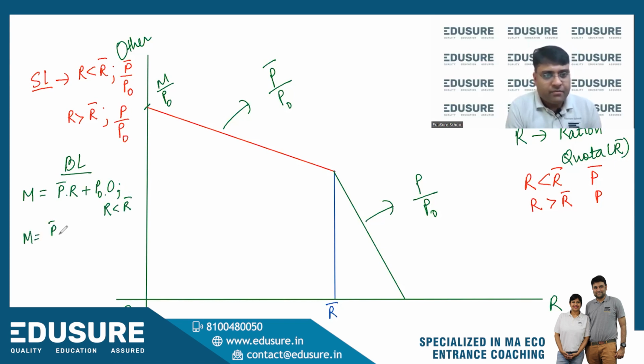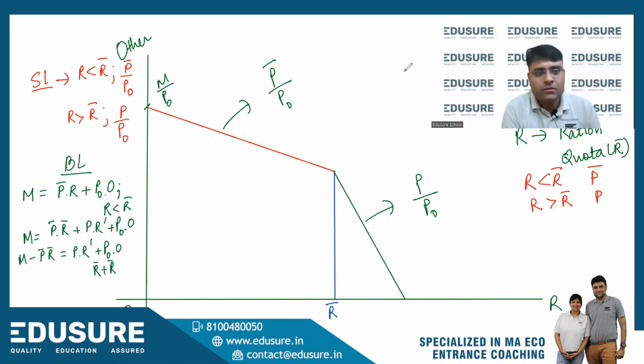Beyond that, M is equal to P bar into R bar plus P into R dash plus P naught into O. So M minus P bar R bar is equal to P into R dash plus P naught into O, where R bar plus R dash is greater than R bar, obviously. Or in other words, R dash is greater than 0.